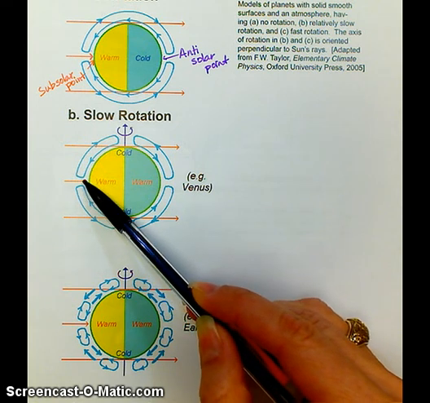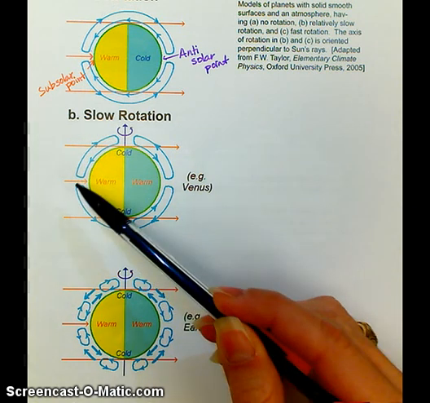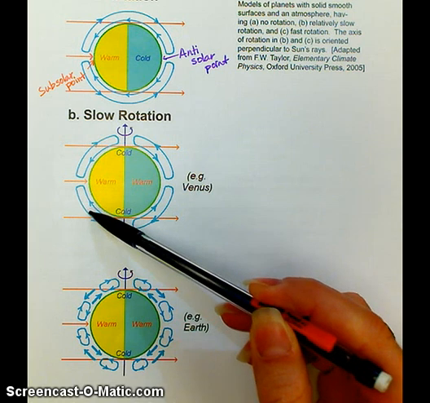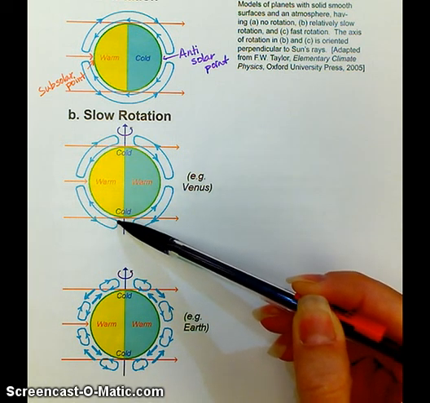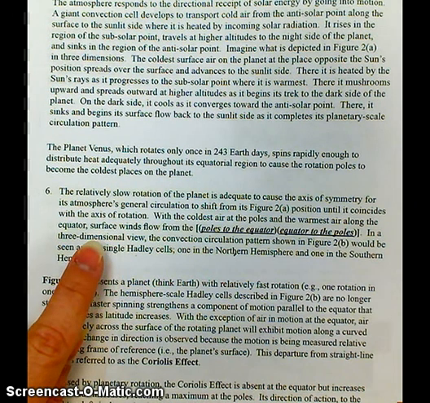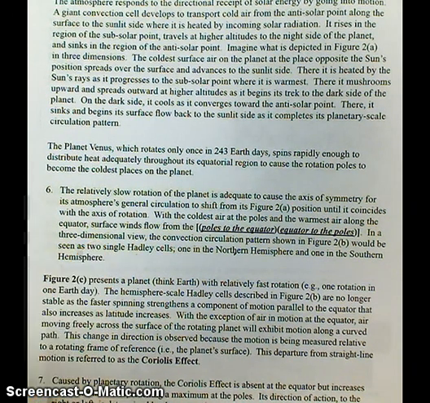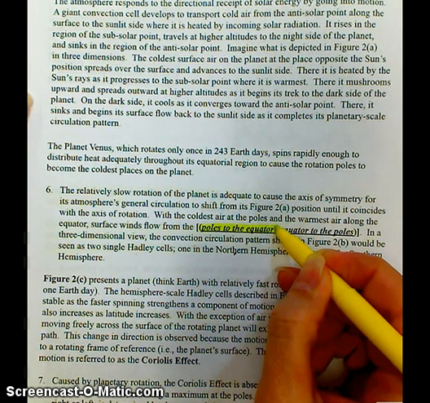Because remember, at the equator they're going to be warmed, expand, and rise, and it's in the upper atmosphere. The upper winds are what are flowing towards the poles. Okay, but the surface winds go from the poles back to the equator. Okay, and so that's what you need to address on number 6. So it says, with the coldest air at the poles and the warmest air along the equator, surface winds flow from the poles to the equator.